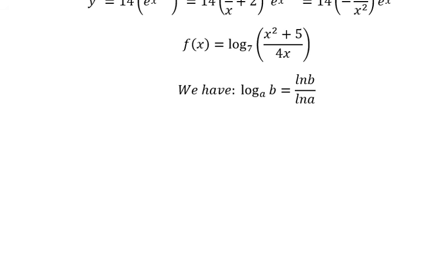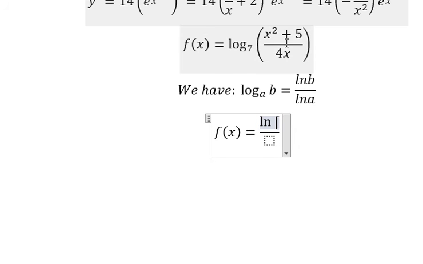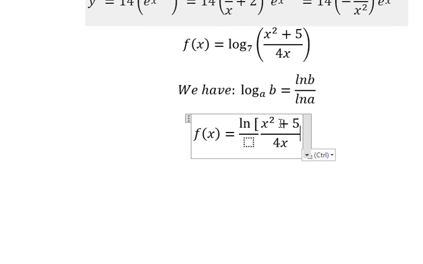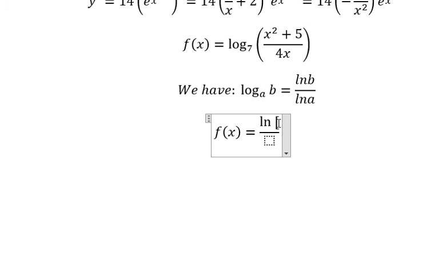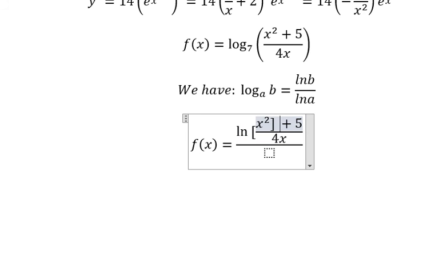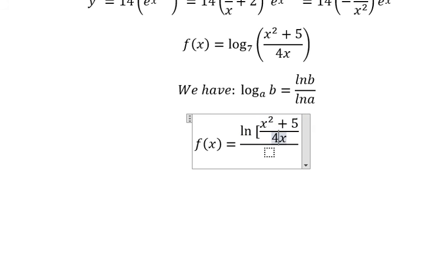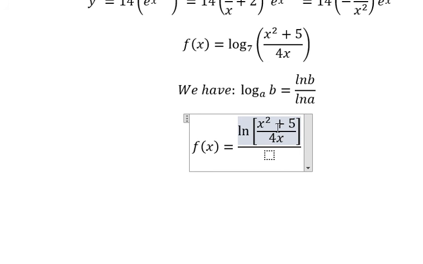And that should be like this. That should be about ln of this one. Should be like this. ln of this over ln number 7.